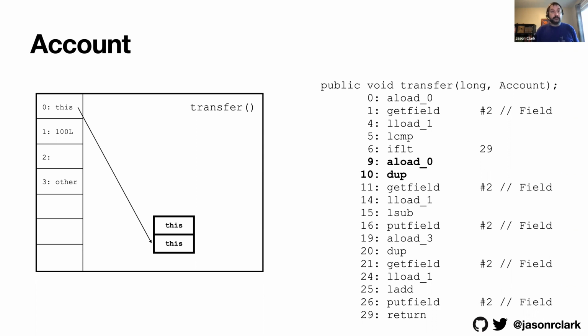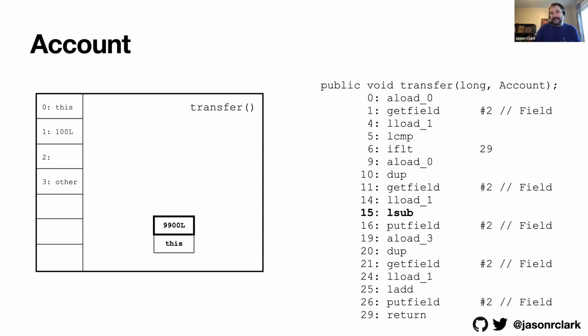So we're going to load up a couple of this pointers to our object. The first thing that we're going to do from it is we're going to get the field again. So we've gone and retrieved our balance off of the object yet again, and then we're going to push the amount that we're wanting to subtract onto the stack, and then we do a long subtraction to get what the value is, the decrease.